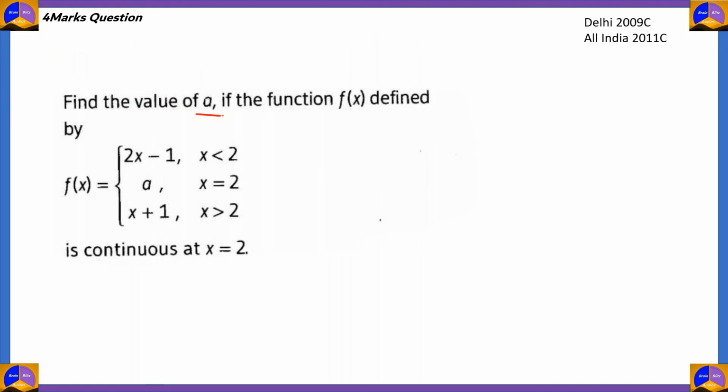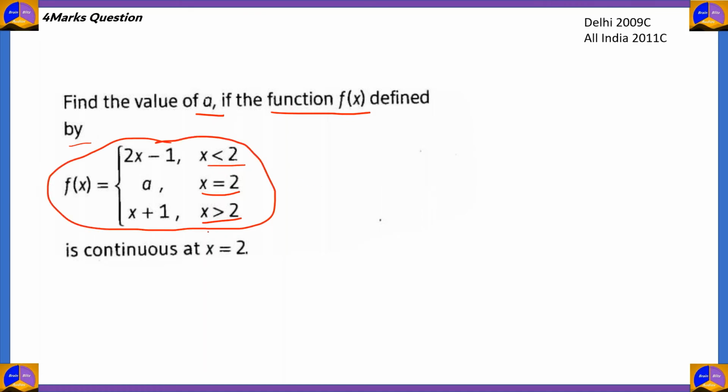Find the value of a if the function f(x) defined by f(x), which is 2x minus 1 at x less than 2, a at x equal to 2, and x plus 1 at x greater than 2, is continuous at x equal to 2. So this function is continuous at x equal to 2.